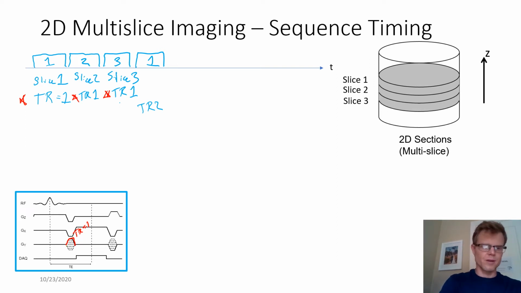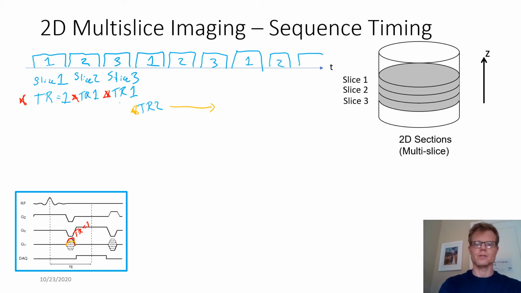So that might be some different phase encoding gradient here. And we'll move to slice 2, slice 3 for the same TR number, or the same phase encoding step that we need, and so on like this.